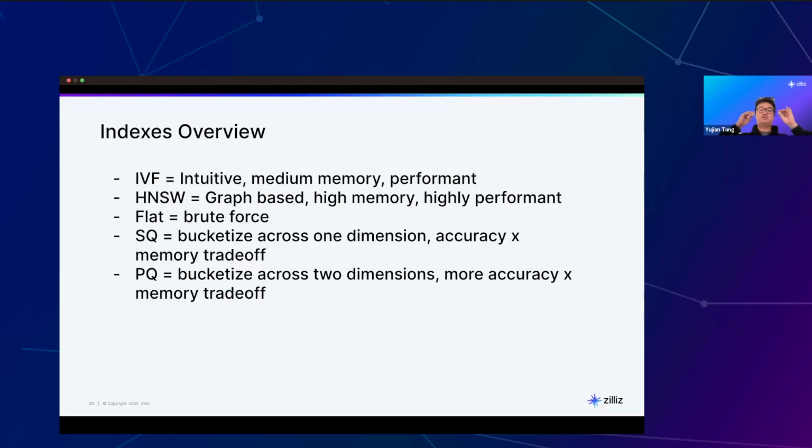Then you have flat, which is basically brute forcing through all the vectors. 100% recall, which means it is highly performant in terms of accuracy, but quite slow. No effect on memory. SQ is scalar quantization, so this is your bucketizing across 1 dimension. Low on memory, not as accurate. PQ, once again, scalar quantization, productized: even less memory, even less accuracy.